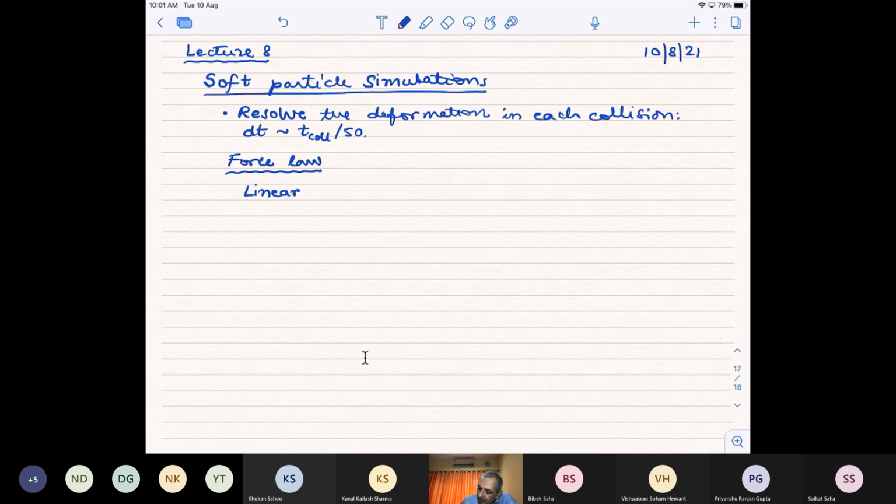And in this example that I'm going to do, a linear viscoelastic force law, just as a simplification, in which the force Fij is just equal to minus kx times alpha minus kv times Vn.